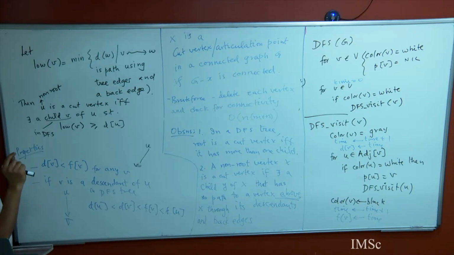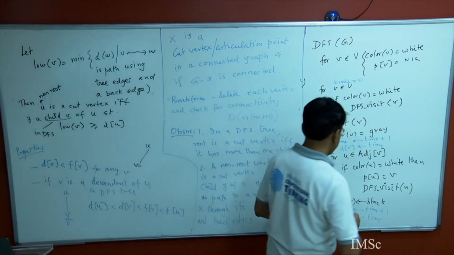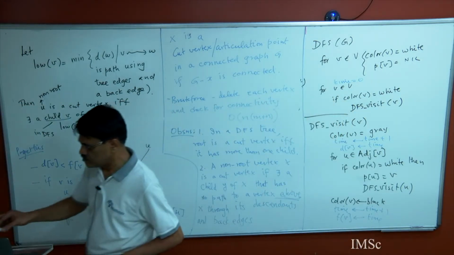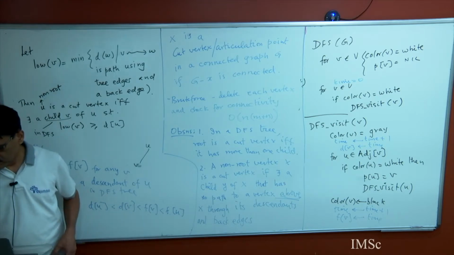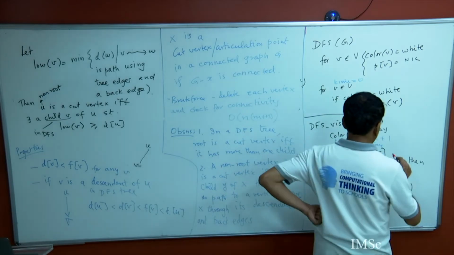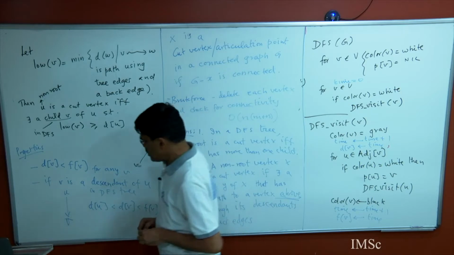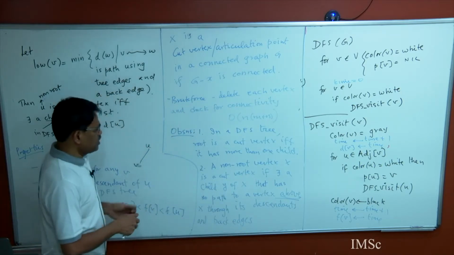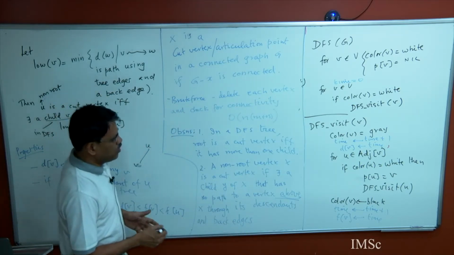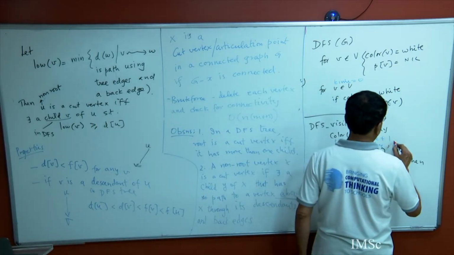Okay, let's go back to the DFS routine and see how I can compute the low values. To keep this definition in mind, the first time I am visiting a vertex, I am just exploring. In my DFS, I am growing. So V was discovered. I want to initialize its low value to something.